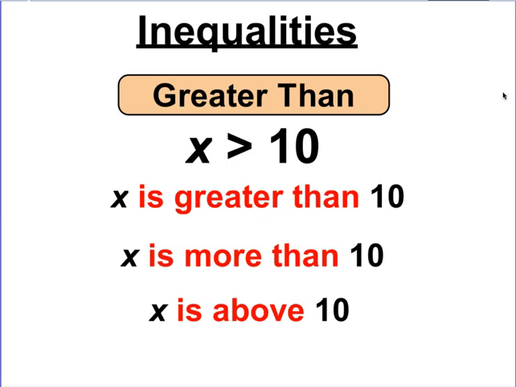All of these statements are saying that the number that x can be has to be higher than 10. It could start at like 10.00001. That's greater than 10. But if we're talking integers, the first integer we're going to talk about is 11, or 12, or 13, or 14, or 15. It has to be one of those numbers. Okay? So x has to be above, more than, greater than 10.